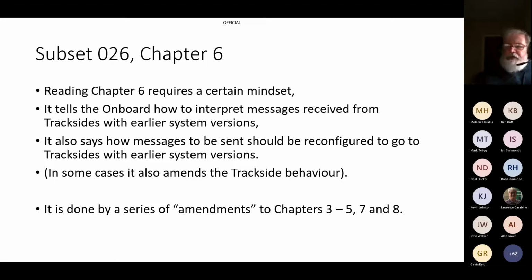And what chapter 6 does is contain a series of amendments to those chapters. It is really quite hard to read those amendments and understand what they mean, because it's almost like reverse Polish logic for those of you who remember the early Sinclair calculators. It takes a different way of thinking.